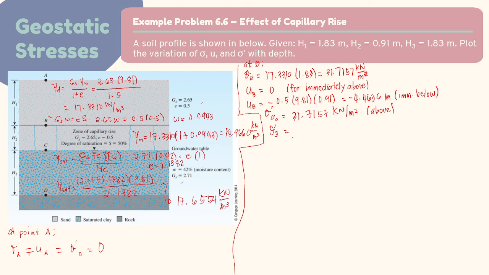So we'll have the value 36.1793 kilonewton per square meter.